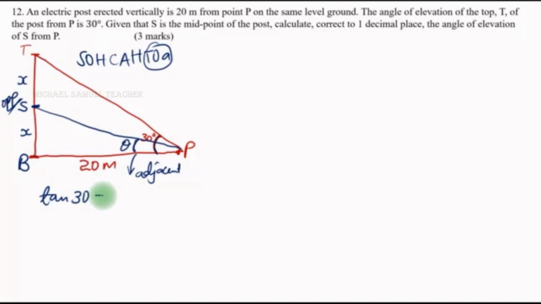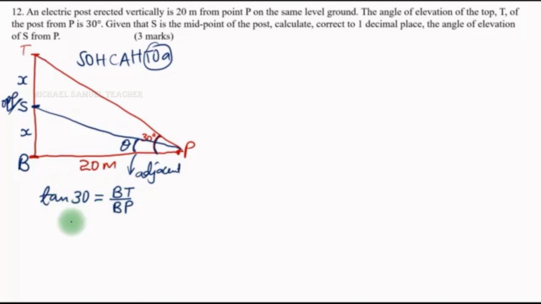is equal to BT, that is tan 30 degrees, BT over BP. But BP is 20.